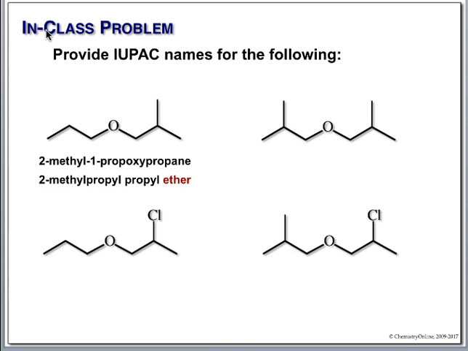Again, ethers are not a big-time substituent, so not a whole lot to worry about here. Here we have the 2-methyl propoxy on both sides. So again, one of these is going to be our parent chain. That means this substituent on this side is going to be a 2-methyl propoxy.